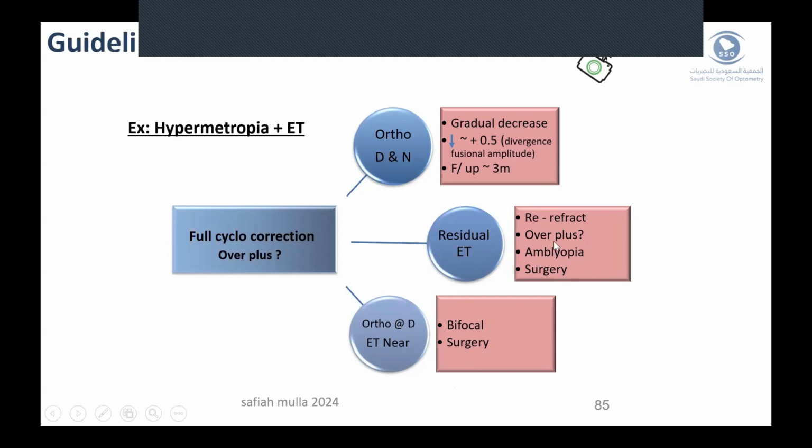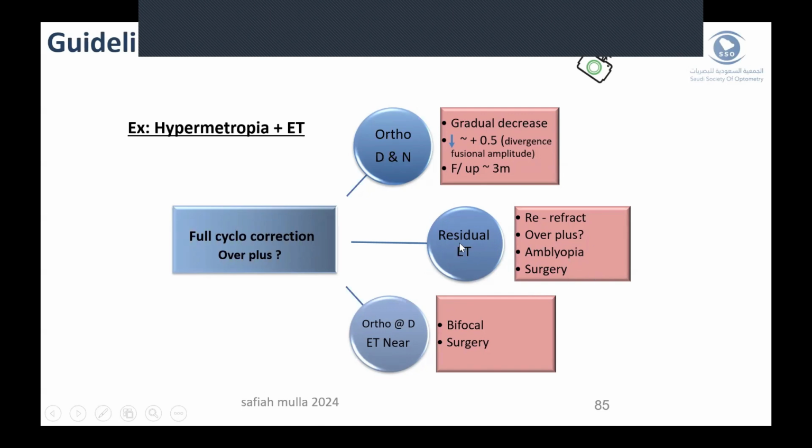And you may overplus him and see, is this going to get him out of the esotropia? If not, maybe the child has amblyopia, then you treat the amblyopia according to the guideline of treatment of amblyopia and according to his age. If not, then the part of that residual esotropia needs surgery. Okay, so we just do a surgery for the residual esotropia the child has.